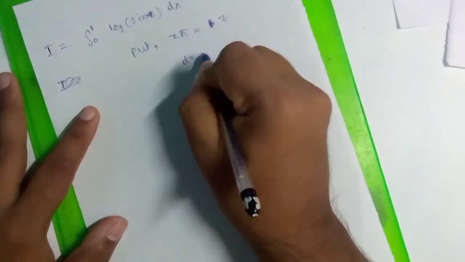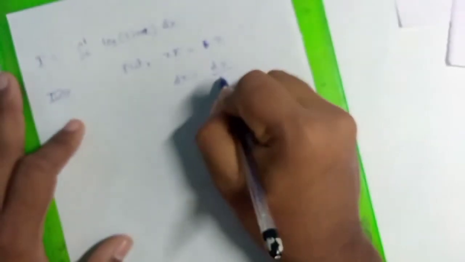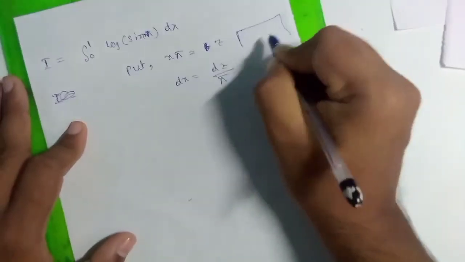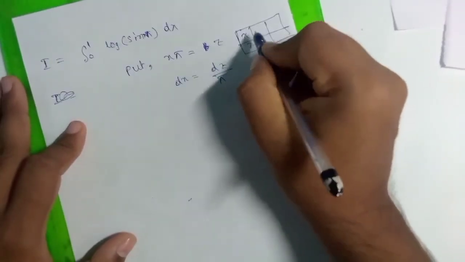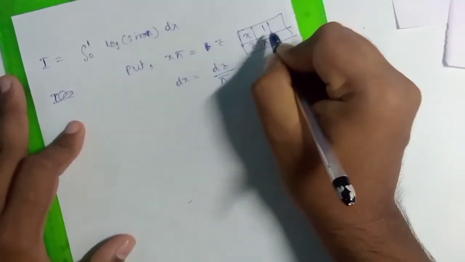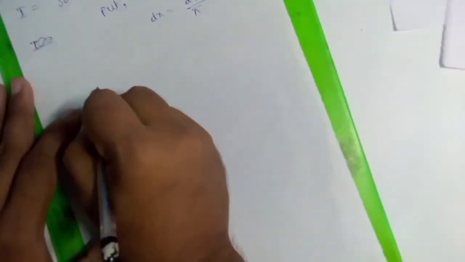So dx is equal to dz by pi, and the limits change: when x is 1, z is pi, and when x is 0, z is 0.